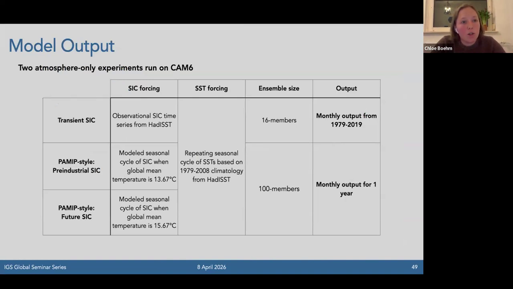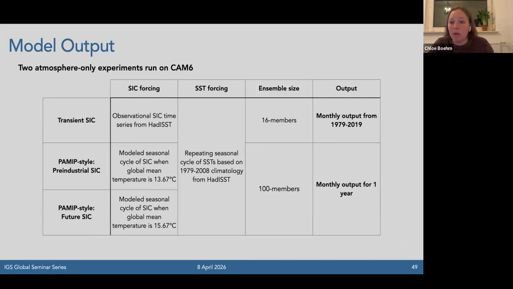As I mentioned, we wanted to look at how these relationships compare to the relationships that we could see in models. And so we used two atmosphere-only experiments run on CAM6. The first one is the transient sea ice experiment, detailed in that top row there. This is an atmosphere-only experiment forced by observational sea ice concentration time series from HadISST. The SST forcings are a seasonal cycle of sea surface temperatures based on a climatology.